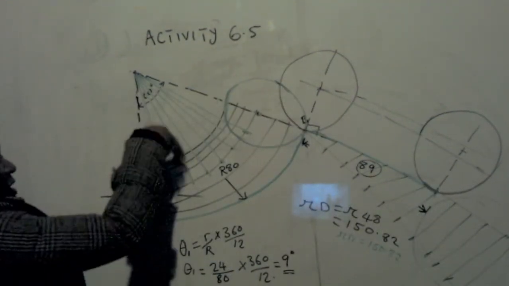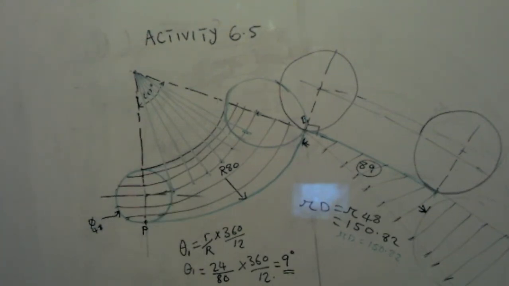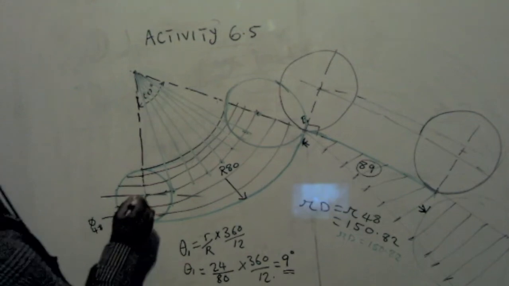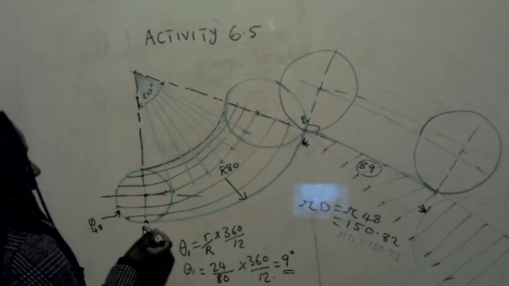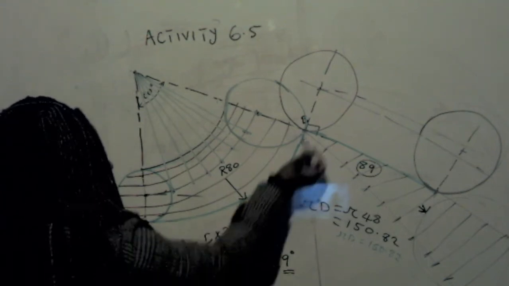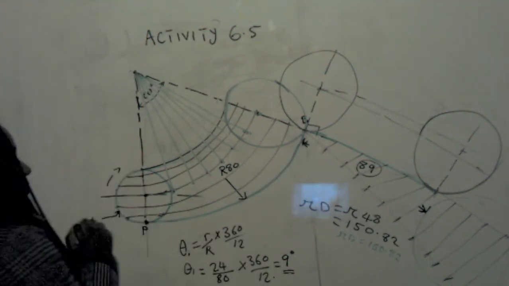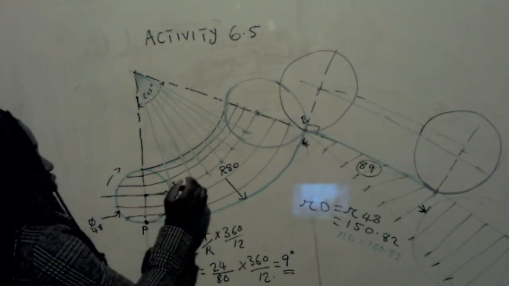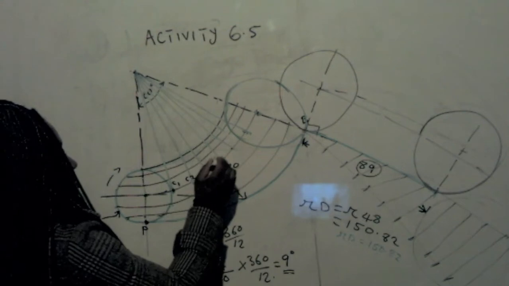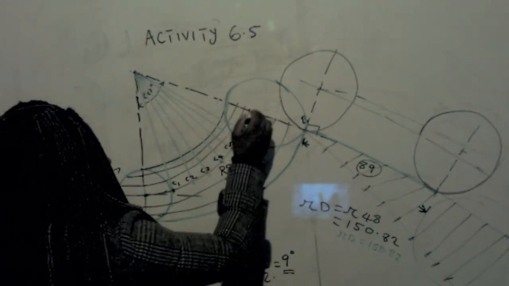Okay, so I'll come back here. I already did the divisions, and point P is sitting there. And the center for point P is here. There is the initial position of P. So the arc for point P is the green one, which is the rod. This is rotating clockwise. The first center C1 is here, C2, C3, C4, C5, C6, C7.